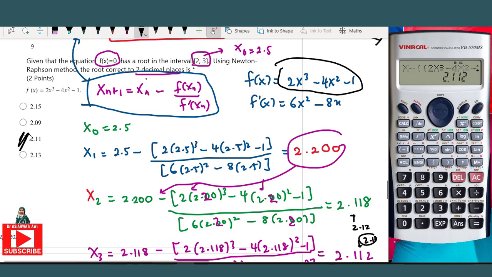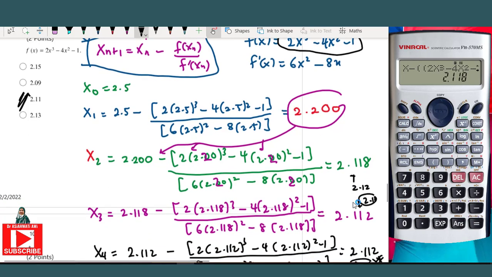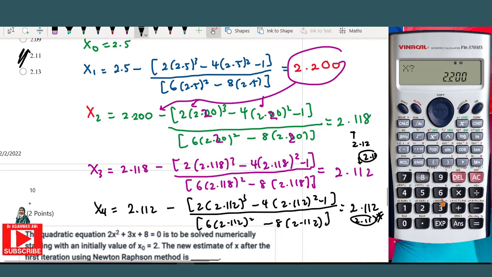This is the option. The answer for number 9. Or just find the first one, substituting 2.5 as x naught, then calculate the answer, then calculate the second one, the third one, and the fourth one, so this is x1, x2, x3, and the last one gives 2.7.